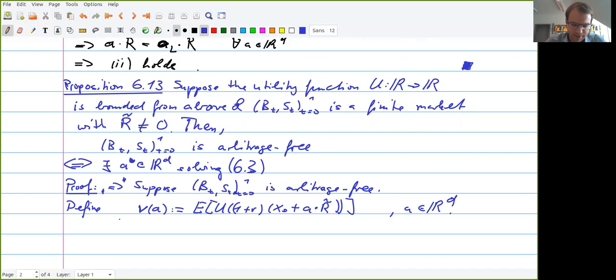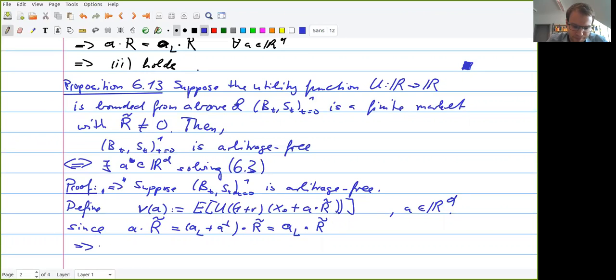And now we recall what was our observation from the last proof already. If I consider such an a in R^d, take the scalar product with the discounted returns, and then do my usual decomposition into a part of a which is in L and some other part which is in the complement of L, this is nothing else than the scalar product of taking only the part of a which is in L with the discounted returns.